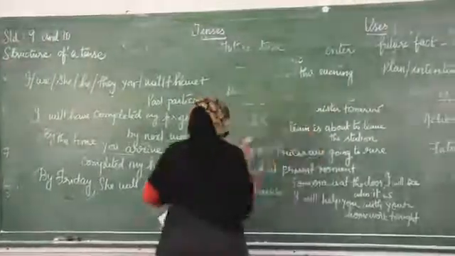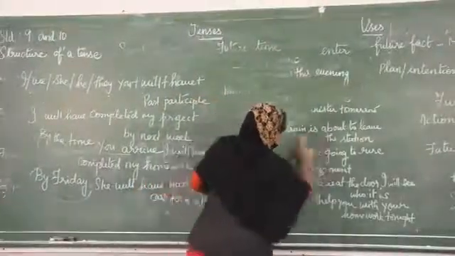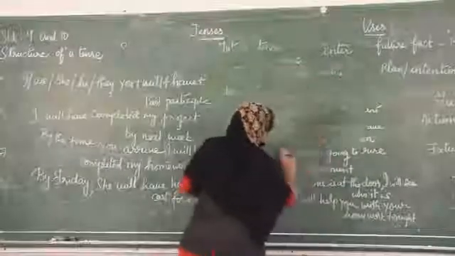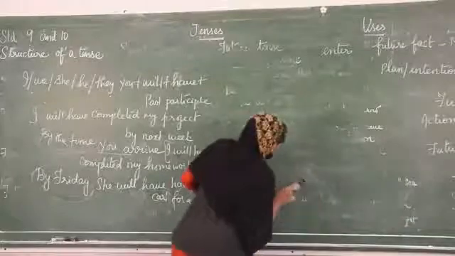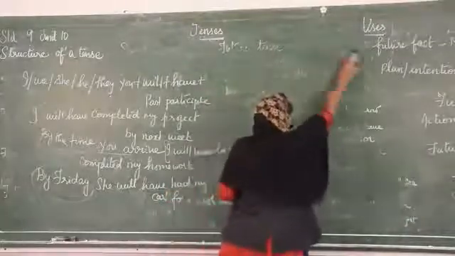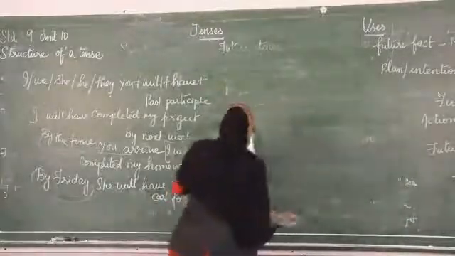Now next one is future perfect continuous tense. What is this future perfect continuous tense? Future perfect continuous refers to an action which will be going on in the future. Sometimes it will be a cause or sometimes there will be a duration of time here.